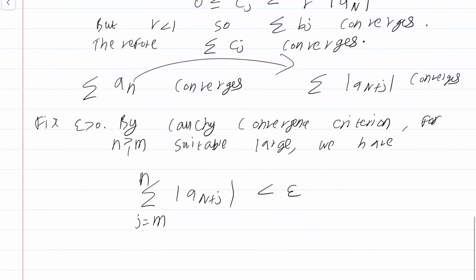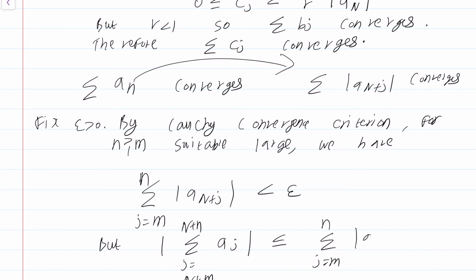Okay, but modulus of summation aj, j running from m to n, is less than or equal to summation over j running from n plus m to n plus n, which is simply less than or equal to summation j equals m to n mod a n plus j, which is in turn less than epsilon.